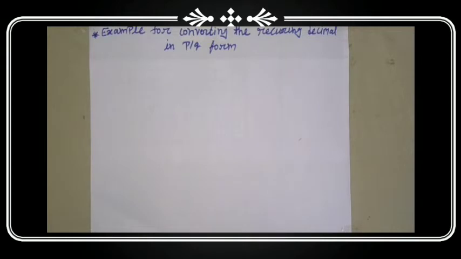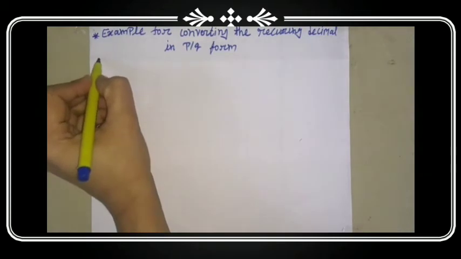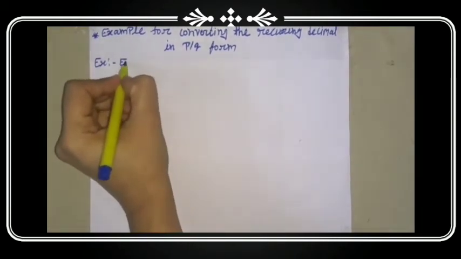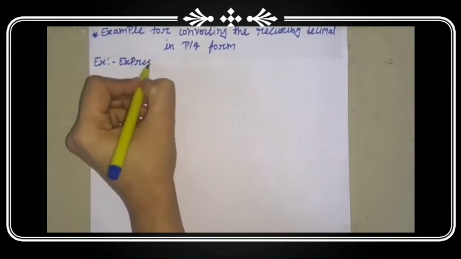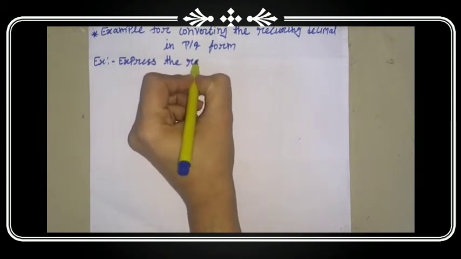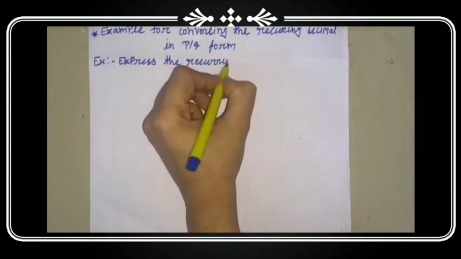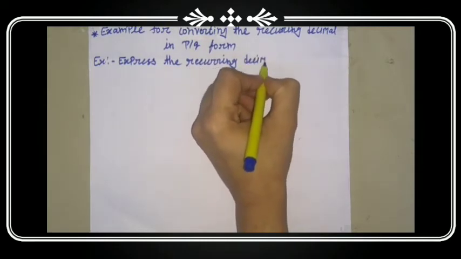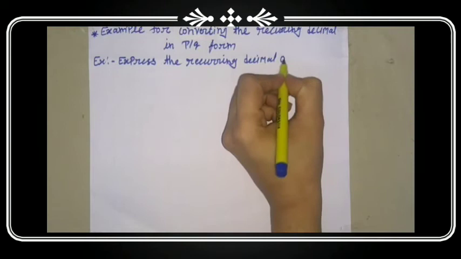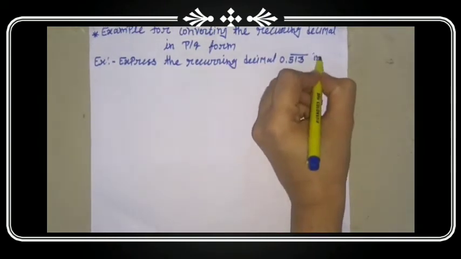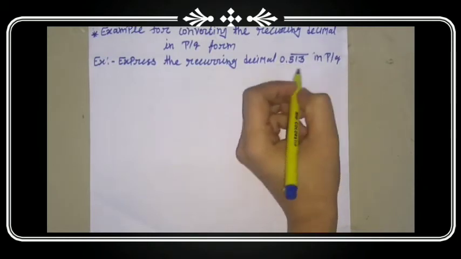Example for converting the decimal into p by q form. For example, express the recurring decimal 0.513 bar in p by q form.